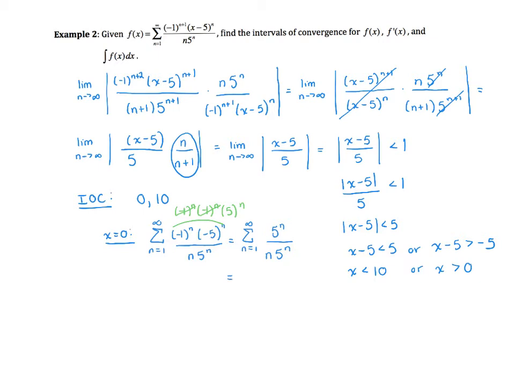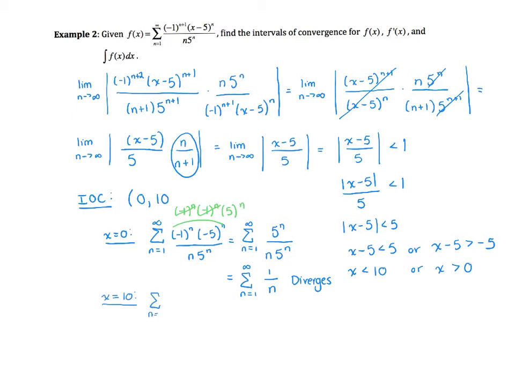This should look familiar, because when we cancel some stuff out, we're going to get 1 over n. That's the harmonic series. It diverges. You should say it diverges by the harmonic series. So 0 does not come to the convergence party. Now let's check x equal to 10.